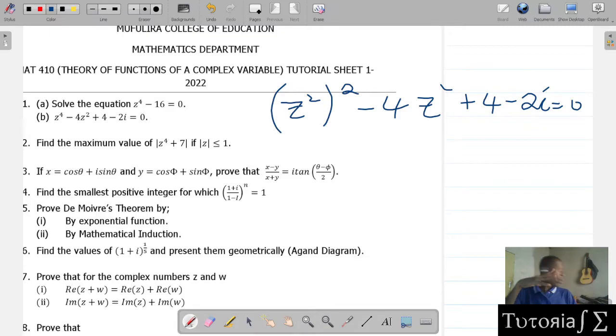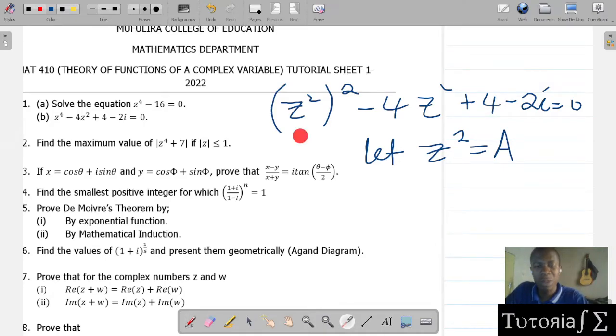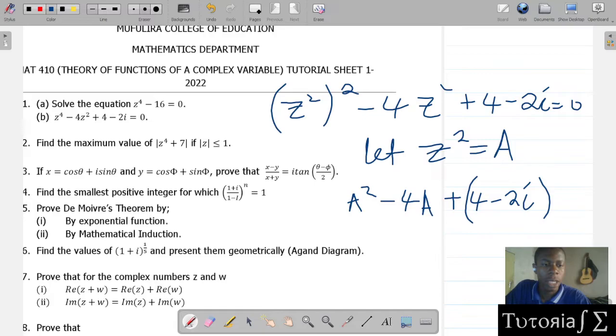All right, so this is almost done here. We just let z squared be any letter of your choice. I'll choose A because my name starts with A. Where there is z squared, we simply replace it with A. So we're going to have A squared minus 4A plus 4 minus 2i, that equals 0.